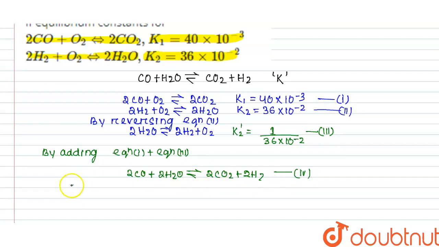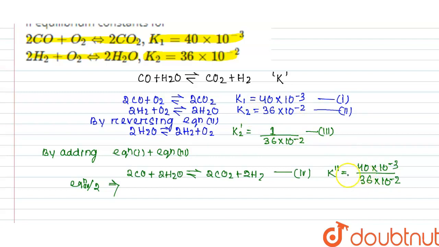So now we'll divide equation IV by 2. For this equation, the equilibrium constant will be 40 into 10 to the power minus 3 divided by 36 into 10 to the power minus 2, because we add equation 1 with 3, so the equilibrium constants will multiply with each other.